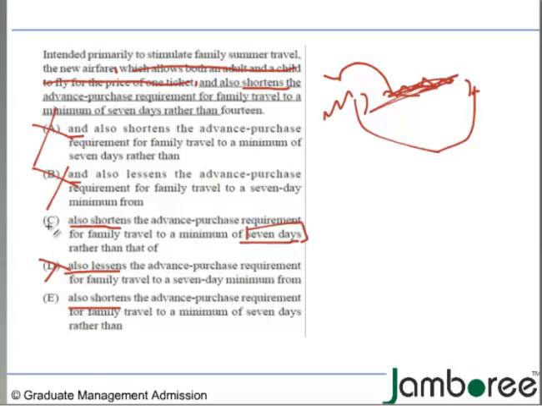So now option C and E, which one should I go with? There's this cool little trick called horizontal scanning. I don't know whether you guys apply it or not. I just compare the options till I come to the first point of difference. So: also shortens the advance purchase requirement for family travel to a minimum of 7 days, rather than.